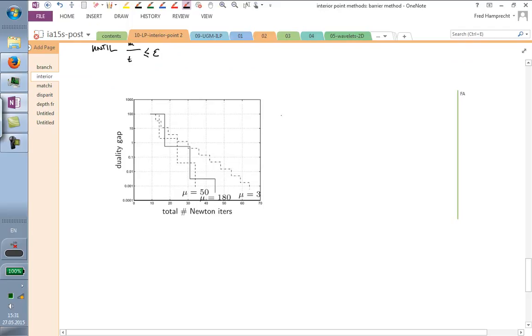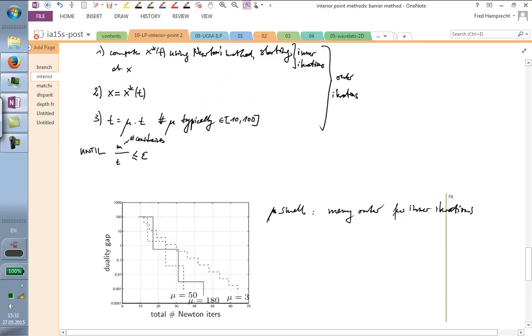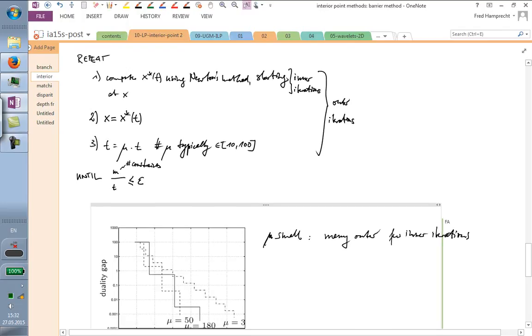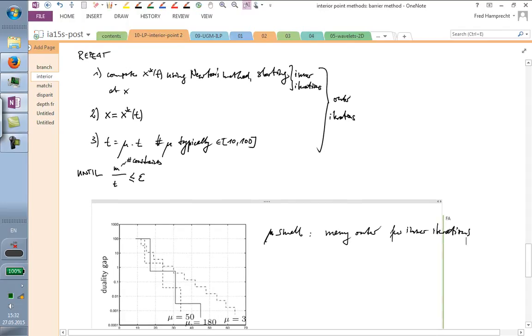If mu is small, then we will have many outer iterations and few inner iterations. So that means we change the pulling force only slightly. So our Newton method will converge quickly, but we need many of these outer iterations. We need to adjust the strength of this pulling force over very many iterations.